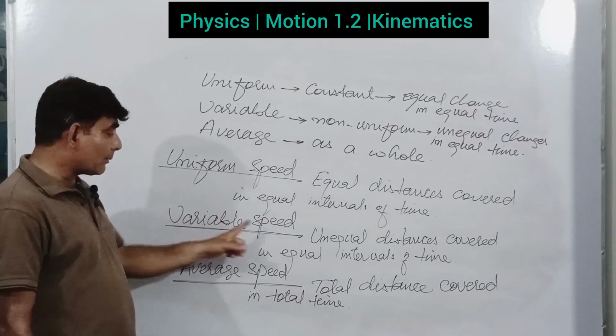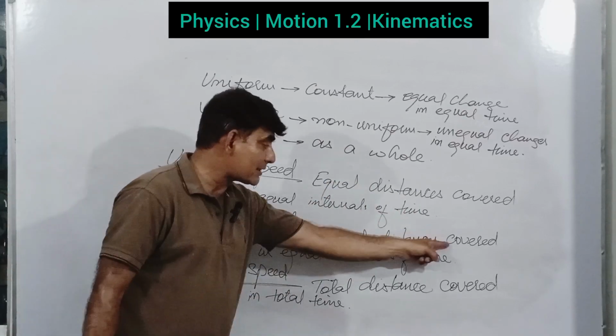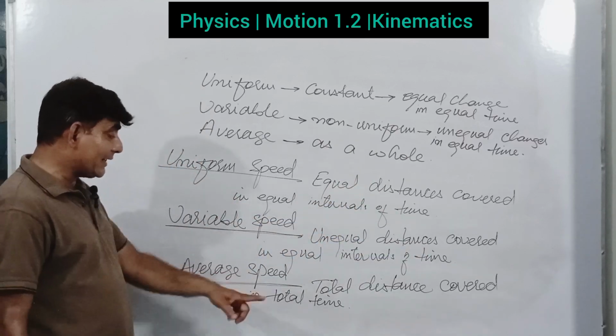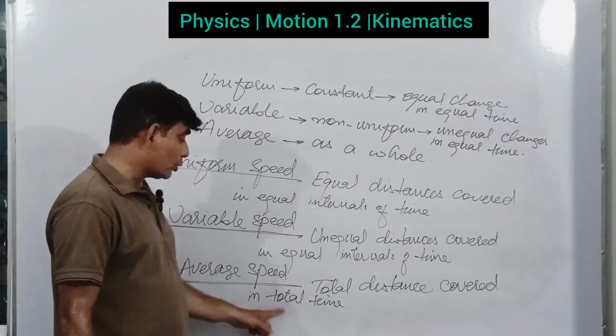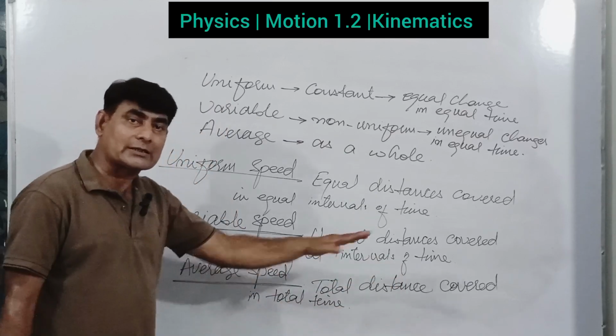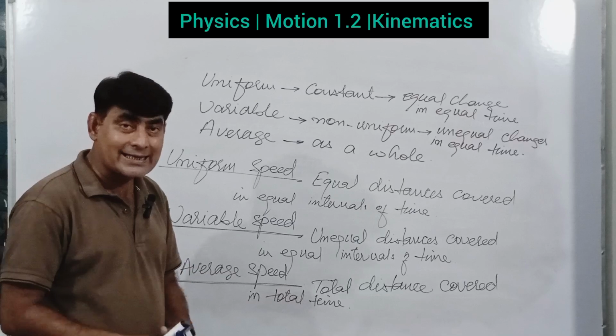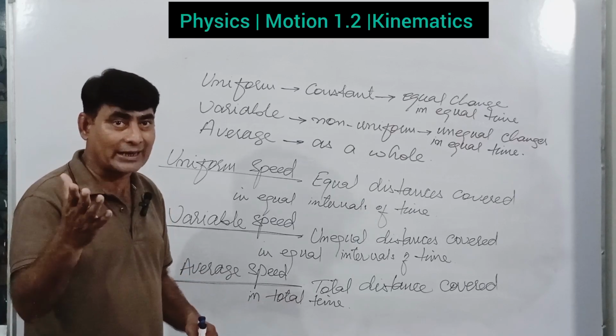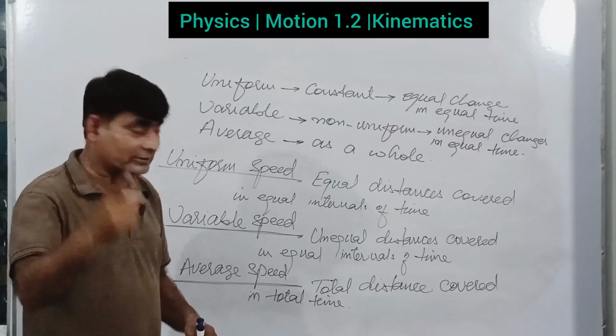Variable speed, unequal distance is covered in unequal interval of time. Average speed, total distance covered in total interval of time. And the formula for this one is total distance upon total time. You must write it down yourself.